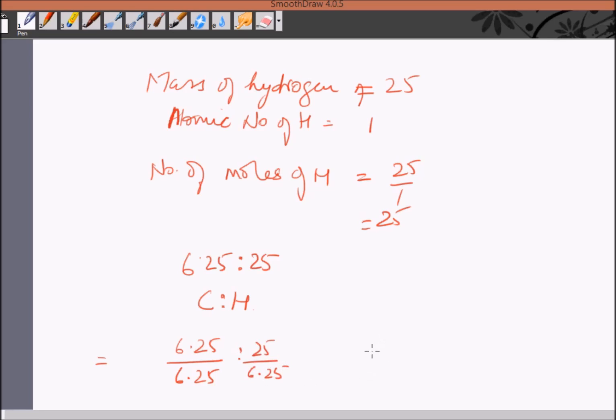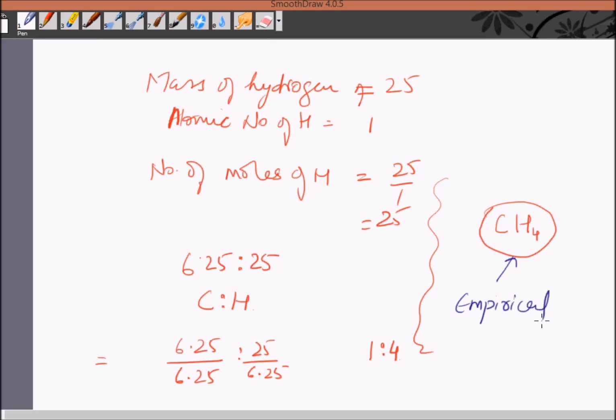So what do we get? We get 1 is to 4. So what is the final result? This shows that for carbon it's 1 and for hydrogen it's 4. So this is the empirical formula, CH4, the final empirical formula we get by calculating the masses of carbon and hydrogen.